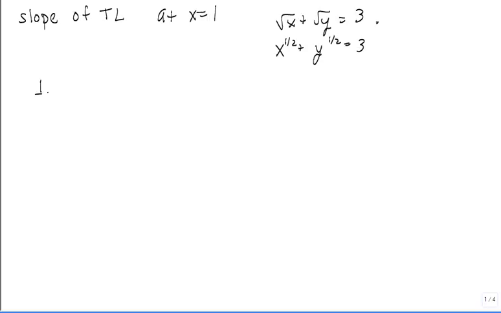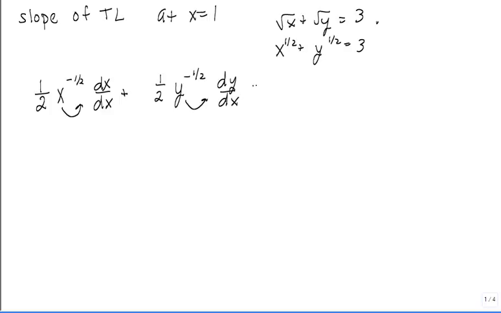Taking the derivative, bring the power down, leave the inside alone, subtract 1, come back, take the derivative of the inside. Derivative of 3 is 0. So I have 1 over 2 square root of x plus 1 over 2 square root of y, times y prime, equals 0. At this point, I'm just going to substitute the numbers in.